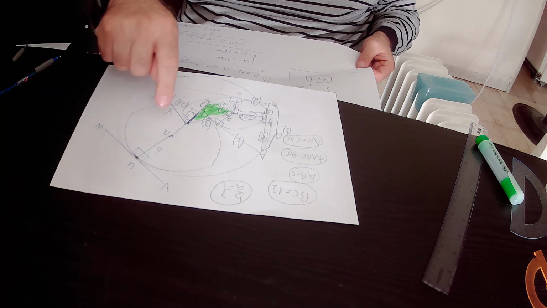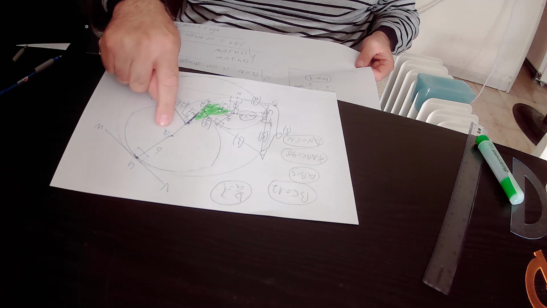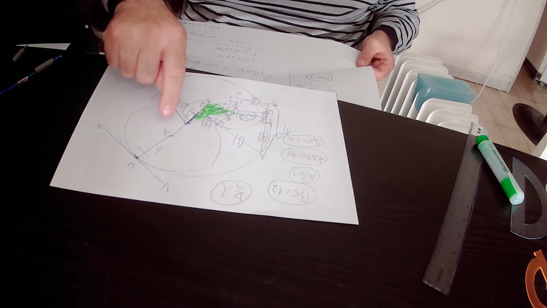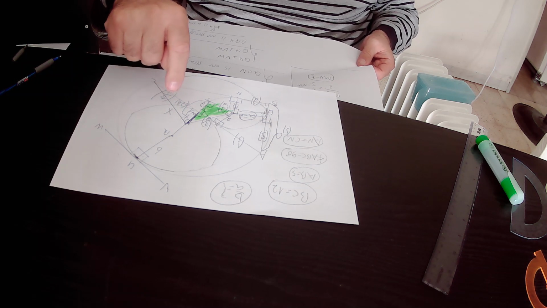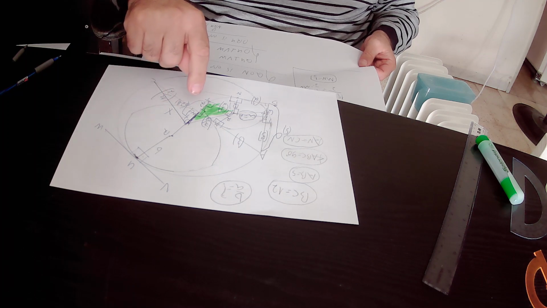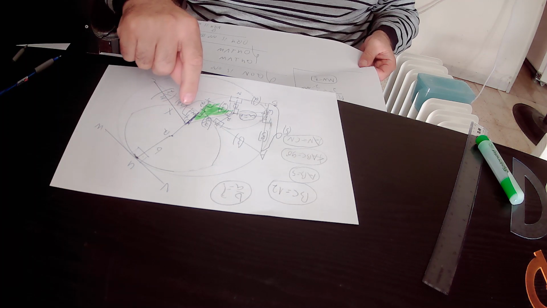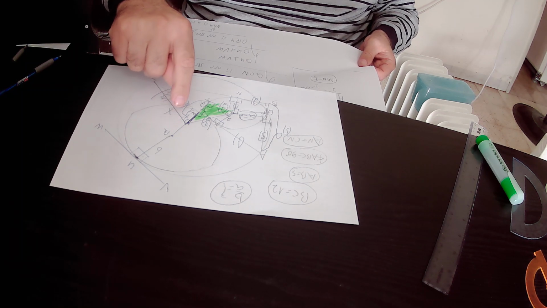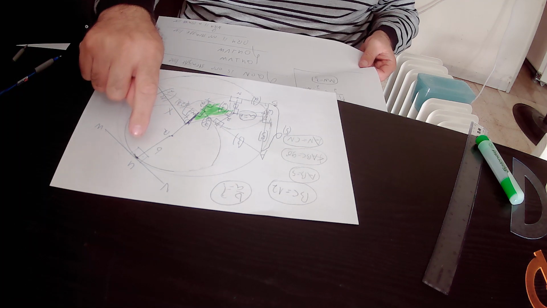NU is a chord that passes through point Q. Q is the center of the circle. So any chord that passes through the center of a circle must be the diameter of the circle. Therefore, NU, which passes through the center Q, must be the diameter of the circle.